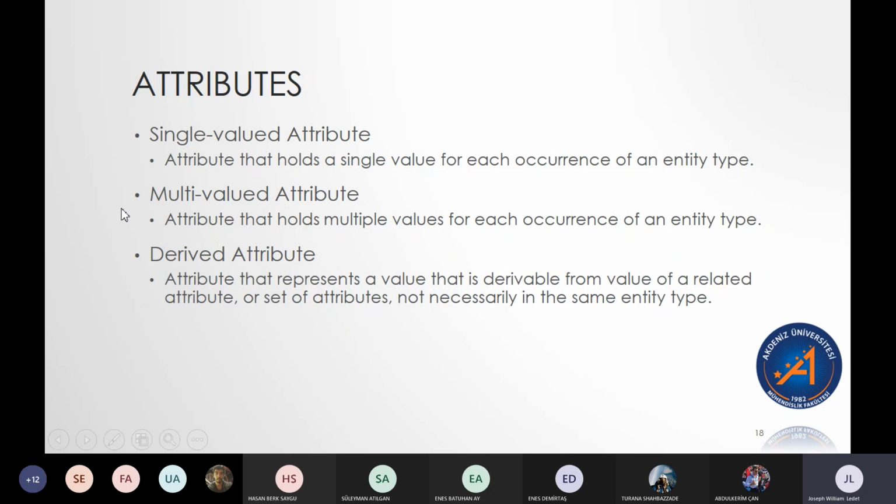We can also have what's called a multi-valued attribute, right? What if we want to have a secondary phone or a secondary email address or a second something? So for a multi-valued attribute, we can say this person can have between 1 and 3 phone numbers that we want to store. Okay, that would be an example of a multi-valued attribute.